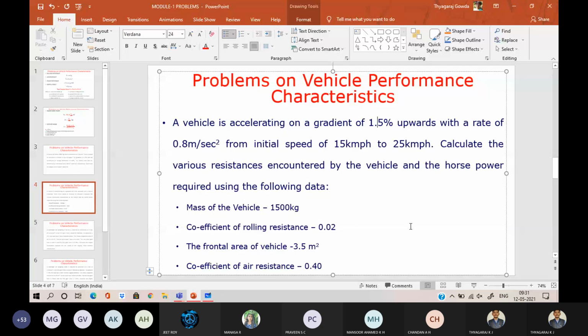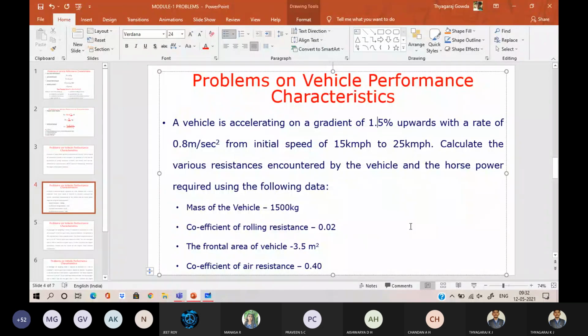Calculate the various resistances encountered by the vehicle and the horsepower required using the following data.